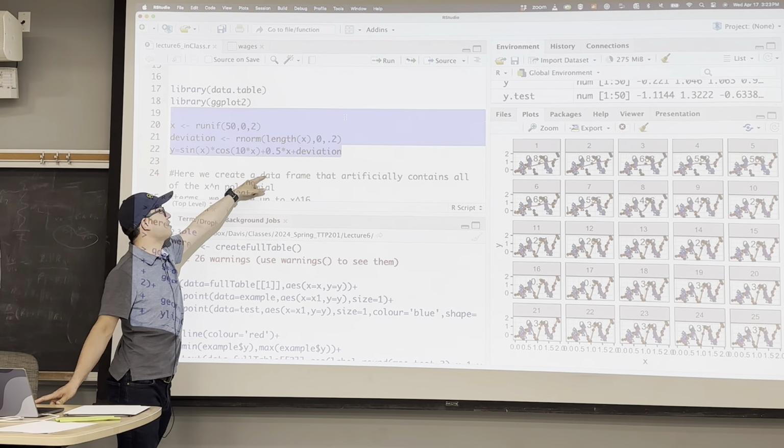They're not all going to look perfectly parabolic, but the general trend will look like this. And this is our model complexity. As we add more exponents, the more complex the model is. And then our test MSE, or out-of-sample MSE, looks like this. And right around here is where we said it is the lowest.